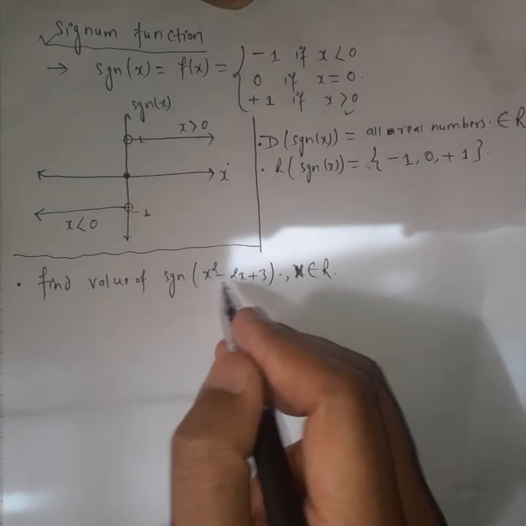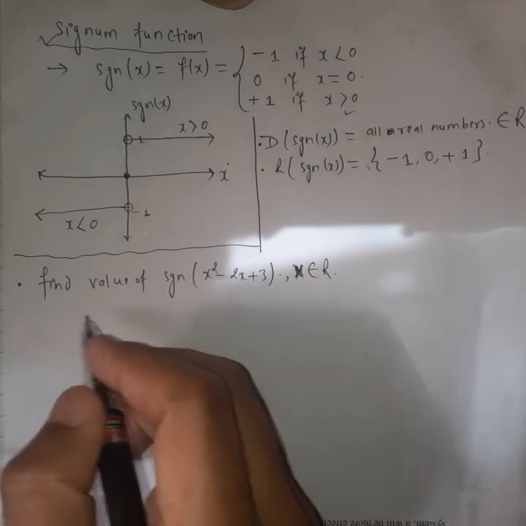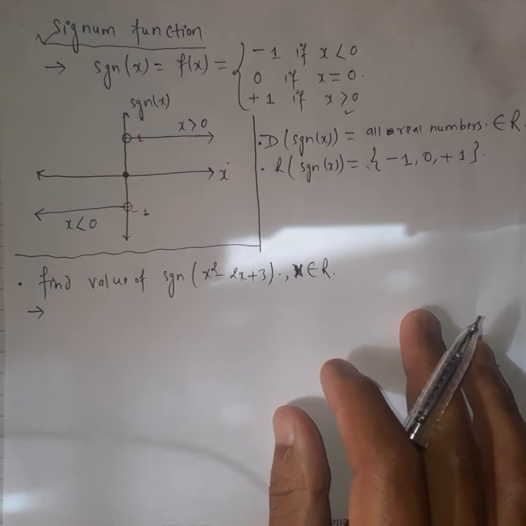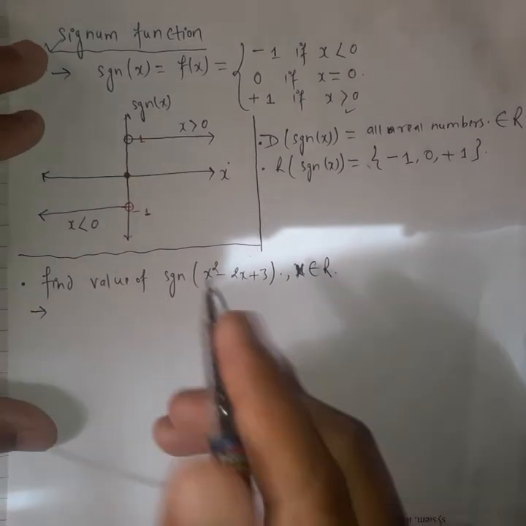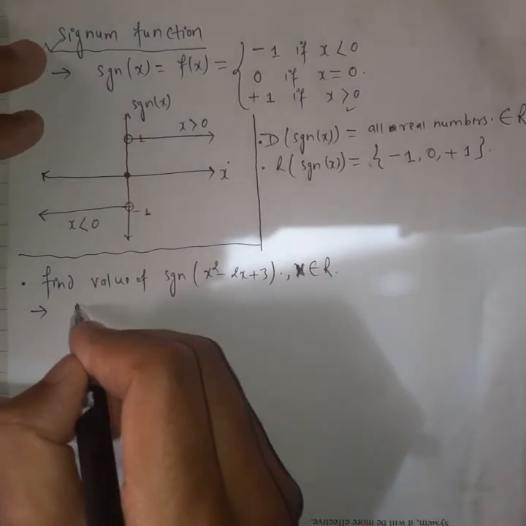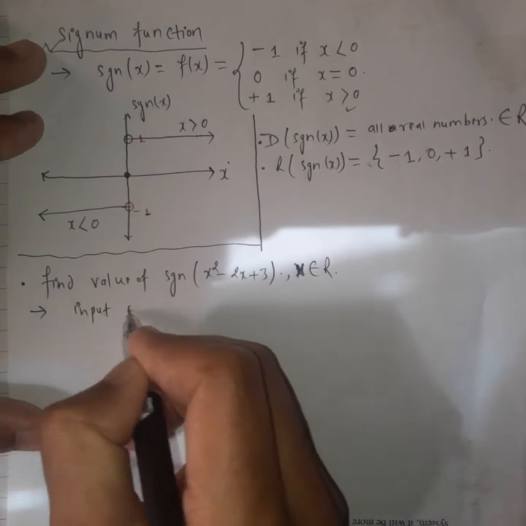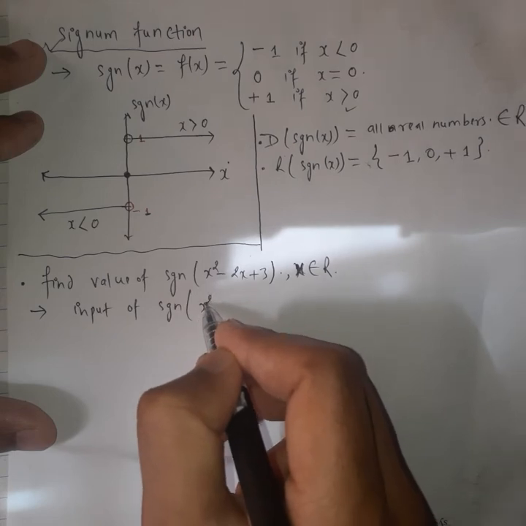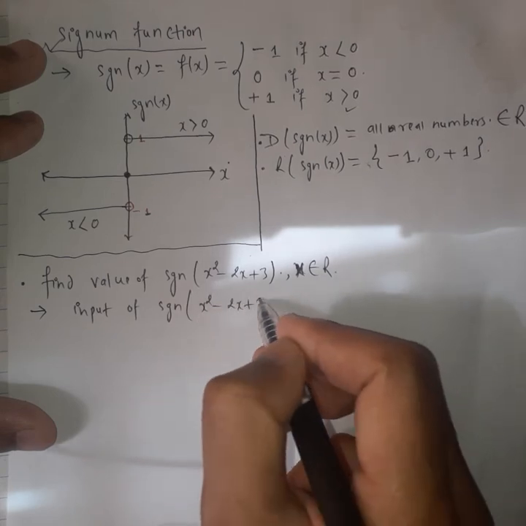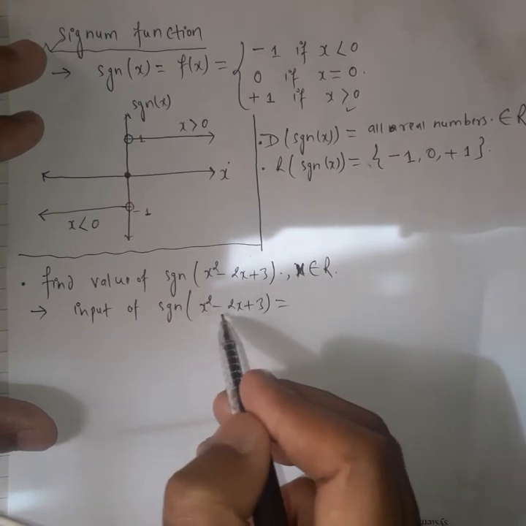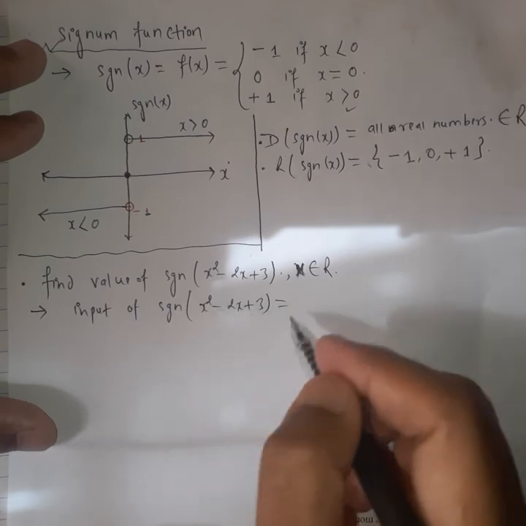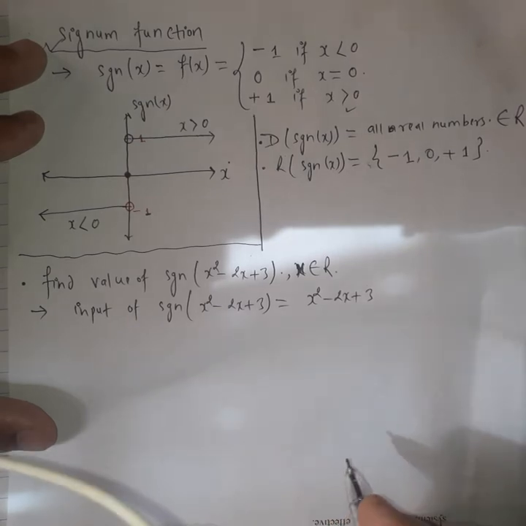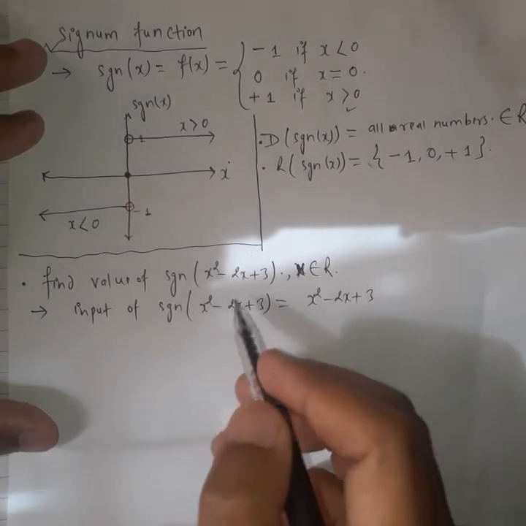Here the input is inside the parenthesis: x square minus 2x plus 3. This is the input of this function, this machine.